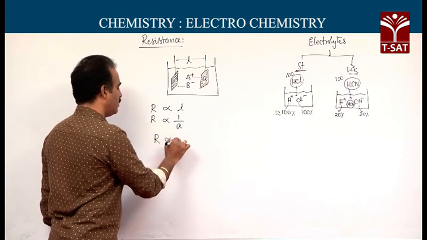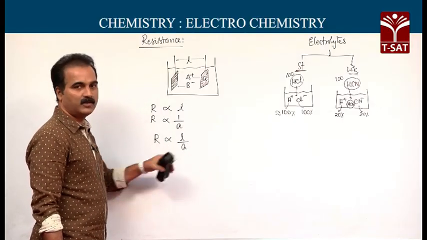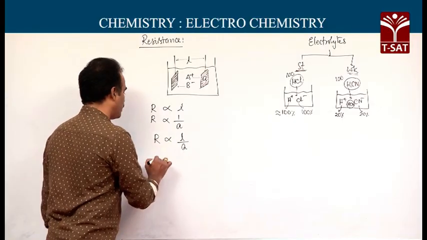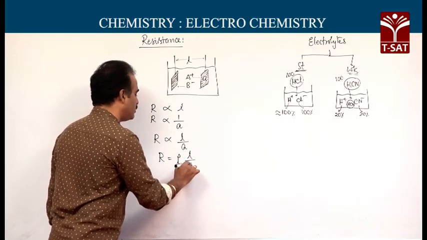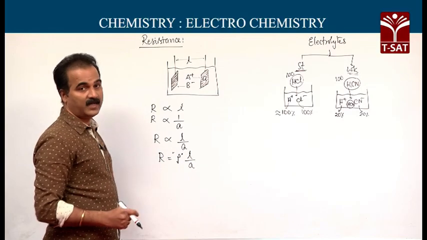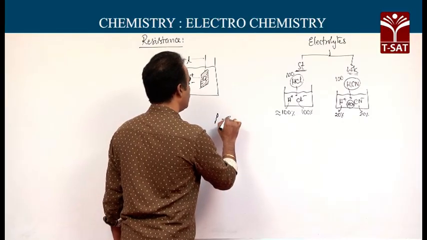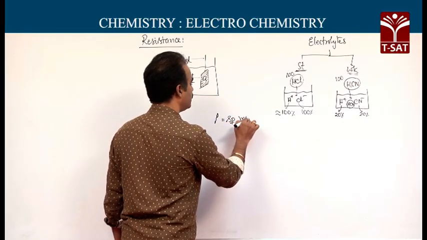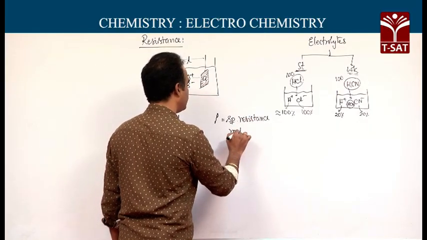The more the area of cross section, the resistance is minimum. With a larger surface area, the conductance is somewhat enhanced. Altogether we can say R is proportional to L by A, and removing the proportionality by keeping a constant rho, R equals rho into L by A. What is rho here? Rho is called specific resistance, or we call it resistivity.